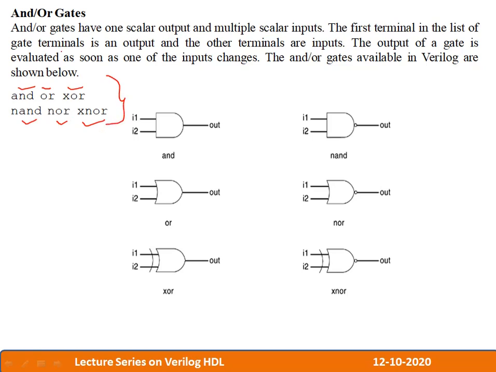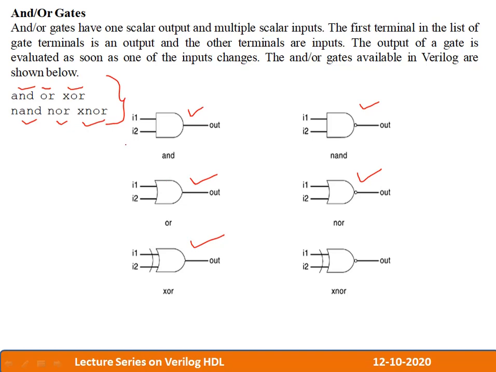The same symbols we have been learning from the past couple of semesters are repeated over here, and the logical symbols are represented as per the figure shown. Whenever I write Verilog code, I should be very particular about the number of inputs and outputs.